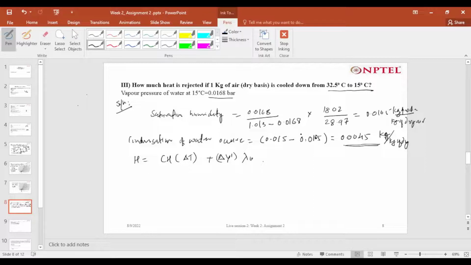I think the temperature we can calculate from these equations. So here Tg is given, 50 degrees Celsius, and humidity is given, 0.015 kg per kg of dry air.